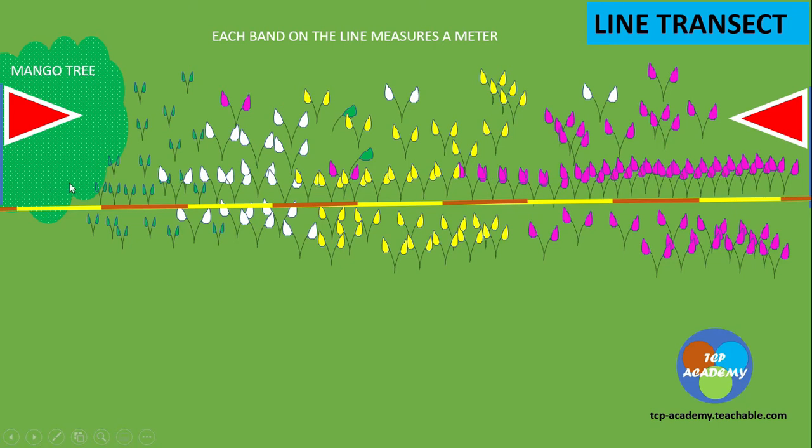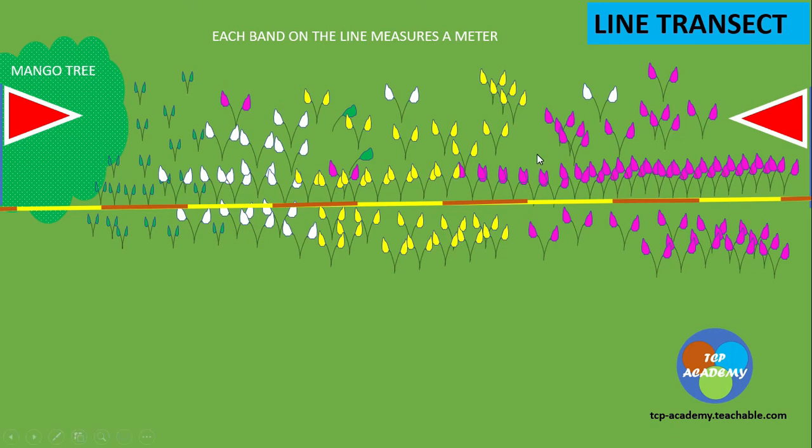Now we're looking at the distribution of the organisms pretty much from this mango tree, which forms a shaded area here. Now we can see the line going across, and for each band, yellow or brown represents a meter. So 1 meter, 2 meters, 3 meters, 4 meters, 5 meters, 6 meters, 7 meters, 8 meters, 9 meters, 10 meters, that type of thing. Or a teacher could apply a multiplying factor to the meter.